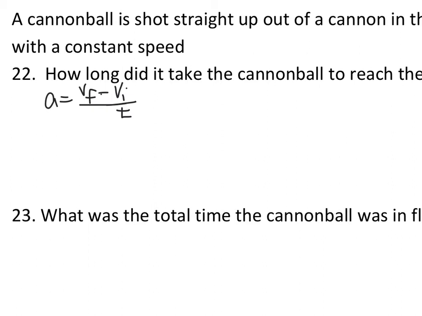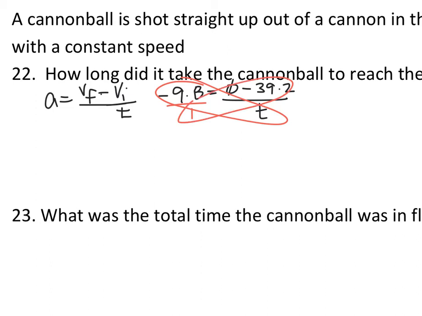Okay, where a is a negative 9.8, Vf at the top of the path is 0. The initial velocity at the bottom of the path was 39.2, and the time is unknown. So I need to cross multiply. Set this up over 1, cross multiply here and here.